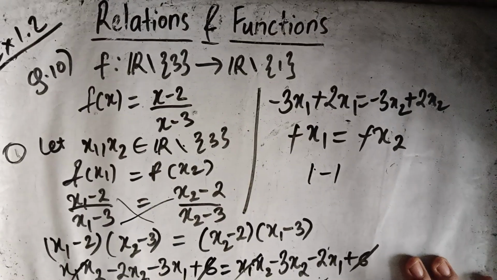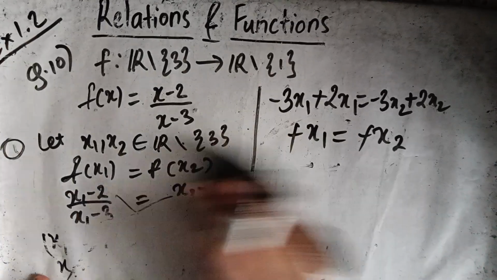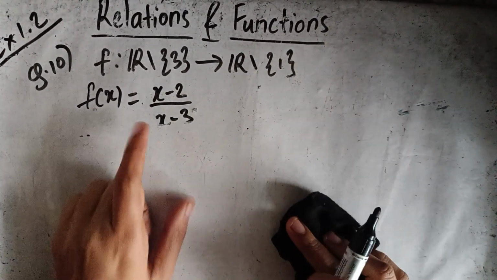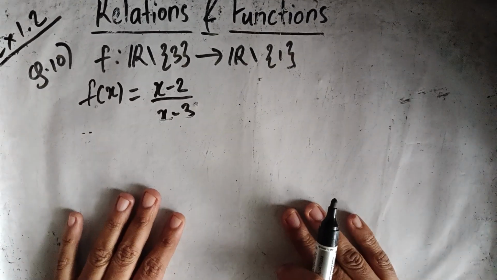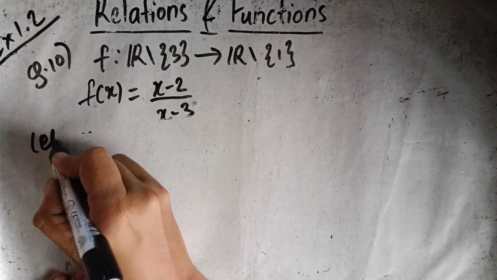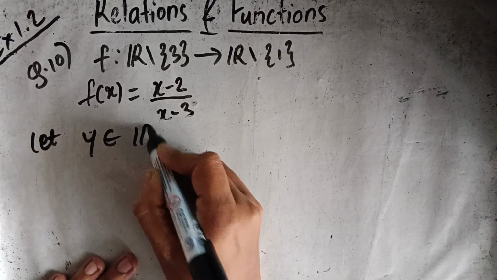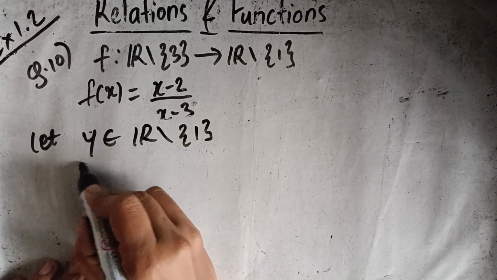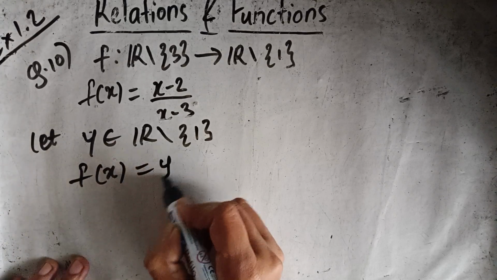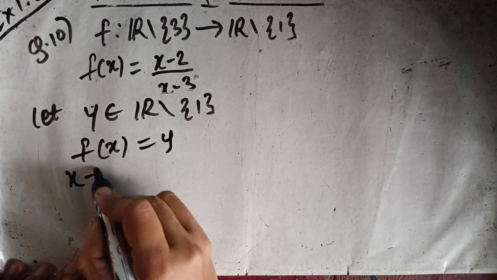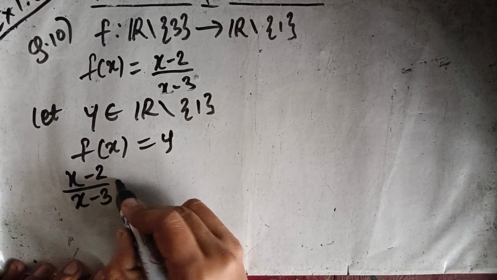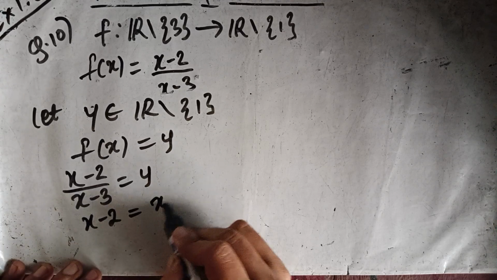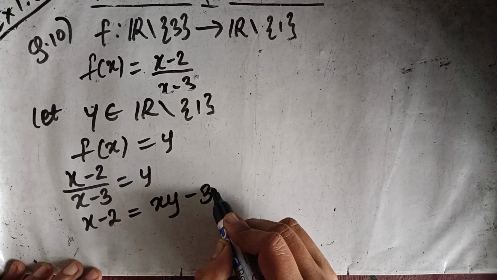Now let's solve for onto. For onto, you have to take f of x equal to y. So let some y belong to R minus {1}, such that f of x is equal to y. So f of x is (x minus 2) upon (x minus 3) equal to y. Multiplying, you will get xy minus 3y.